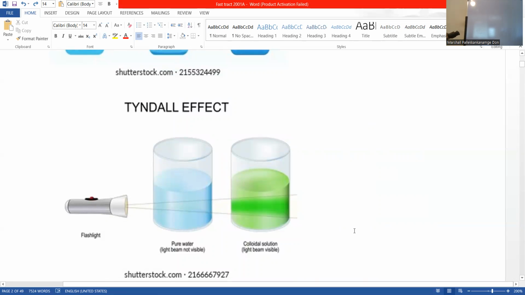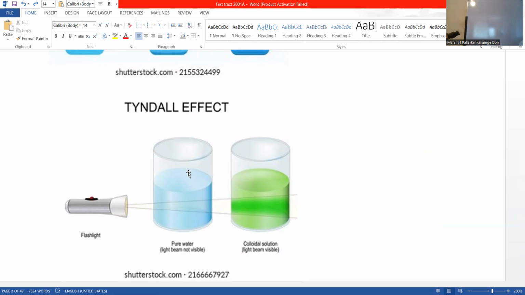Sometimes they ask about this Tyndall effect. Tyndall effect is when you send light through a solution, you can't see the light passing through. The light will go through the solution, but you can't see the beam there.